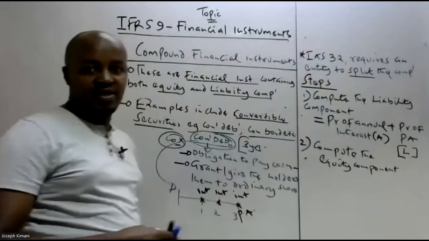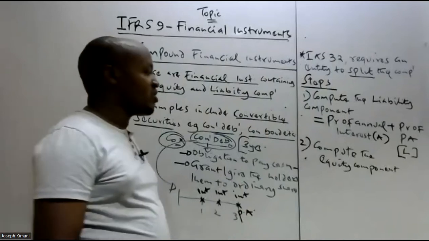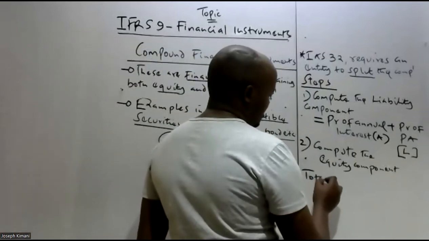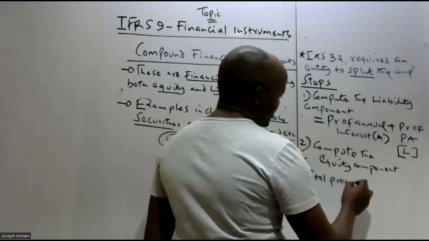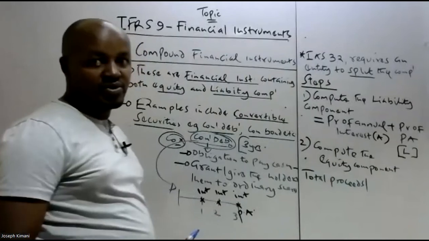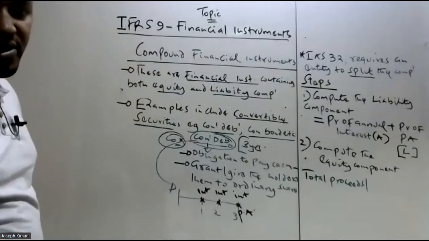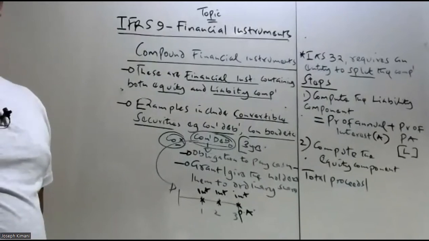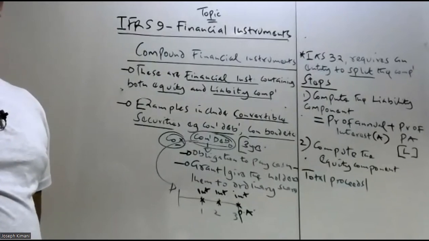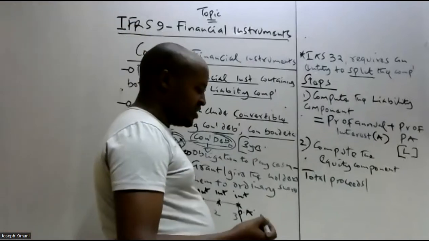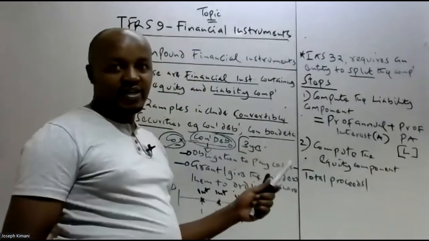So how do we compute this equity component? This is quite simple. So we take the total proceeds. The total proceeds is what? Total proceeds, this is the total amount which was received by the company after issuing those compound financial instruments.